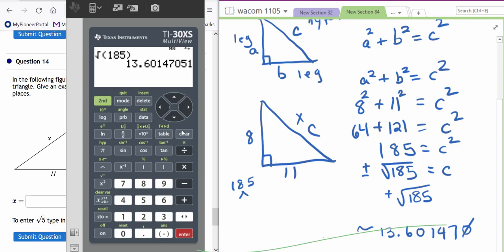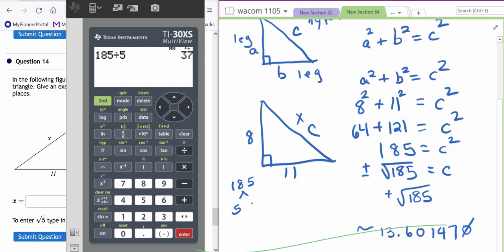All right, now let's break it down. And this is a skill you've done before, to simplify the radical. So I know there is a 5 in 185. So 185 divided by 5 is 37, so 5 times 37.